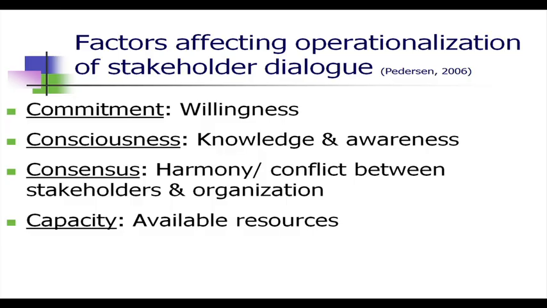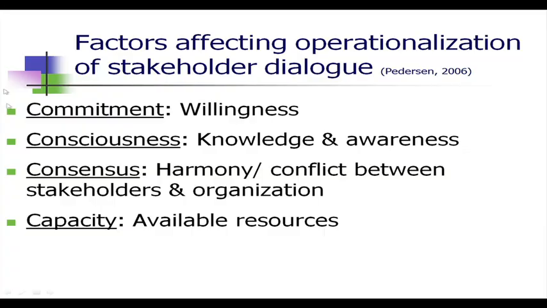What are the resources available to you to do what the stakeholders need you to do? And that will in turn influence all of these. So all four need to be revolving around the stakeholder dialogue. All four are influencing the stakeholder dialogue, and these factors shape how the dialogue takes place.